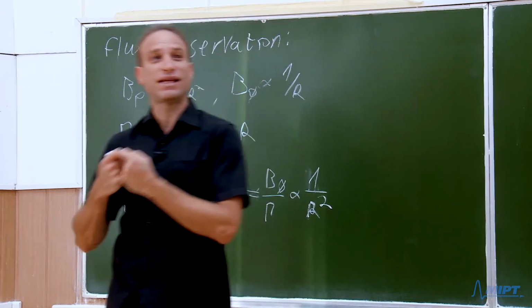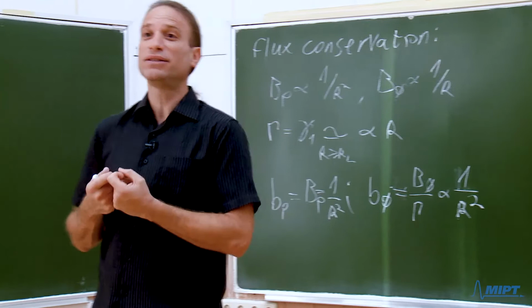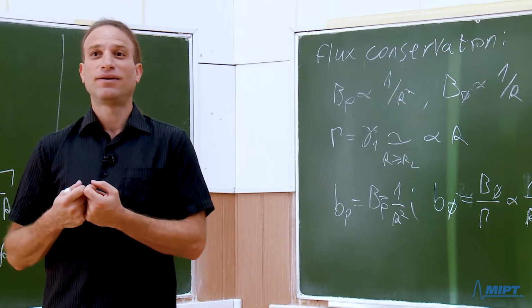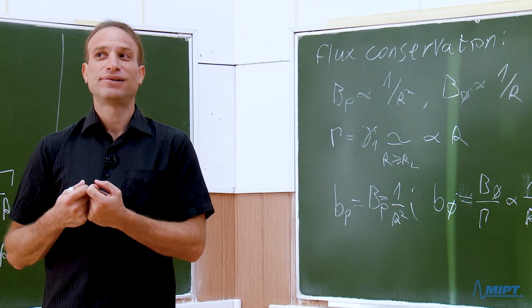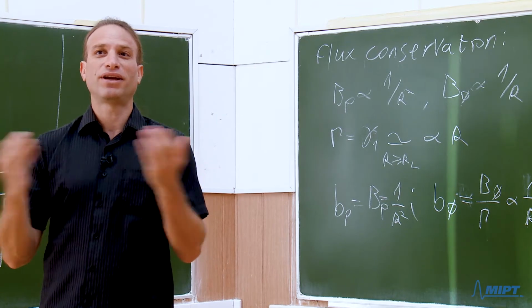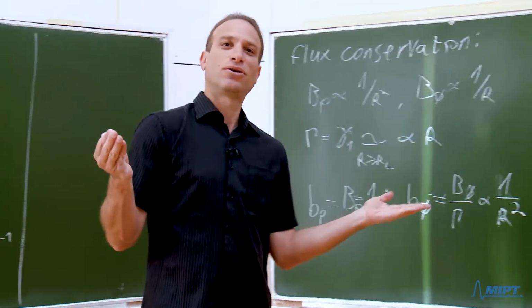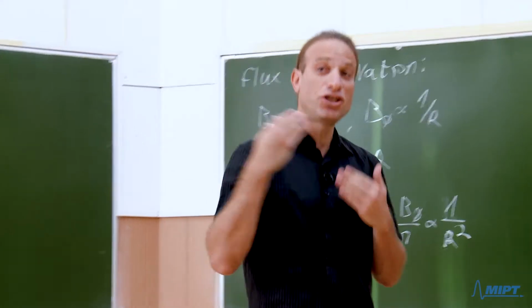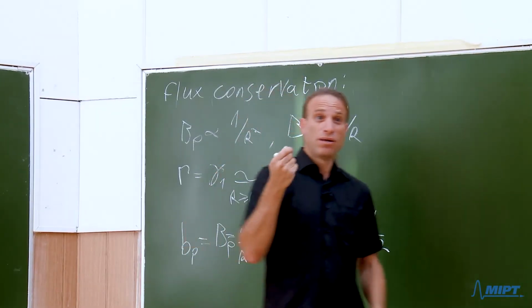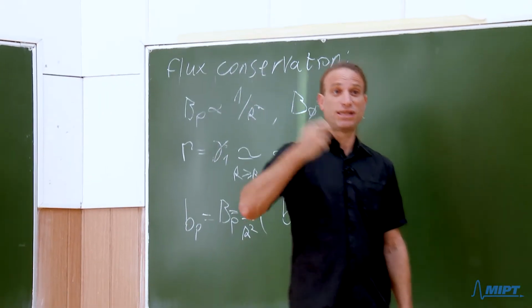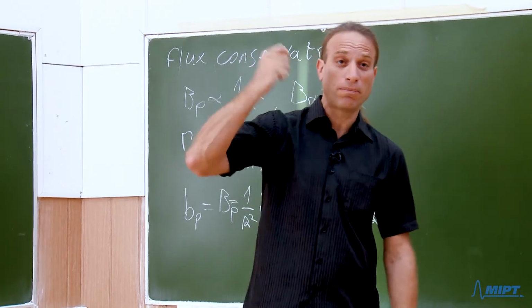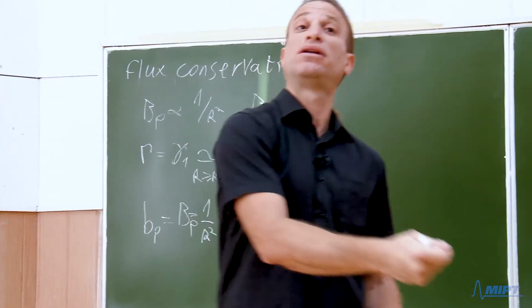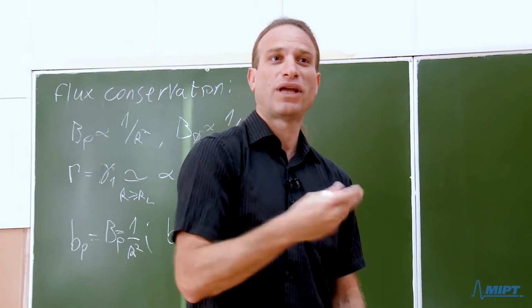So where does this extra magnetic energy go? Remember, we have energy conservation. B phi changes faster. Remember, magnetic pressure, which is the energy density, is B phi square. So the magnetic pressure drops faster than what it wants to do. So I have an excess energy.